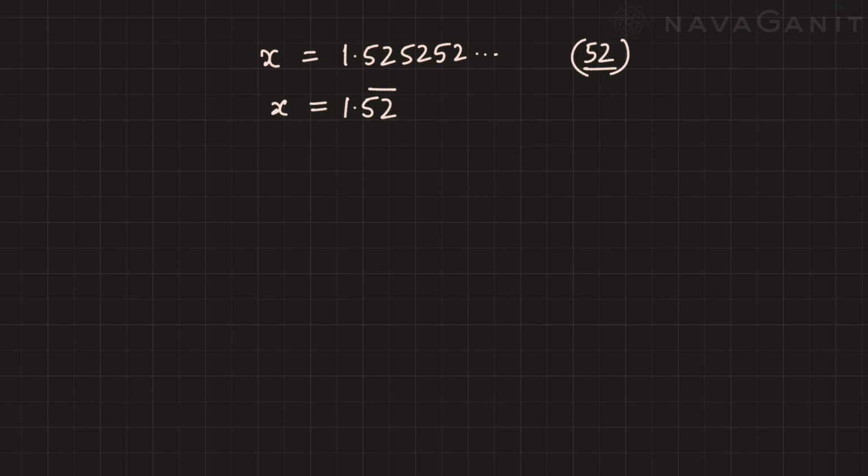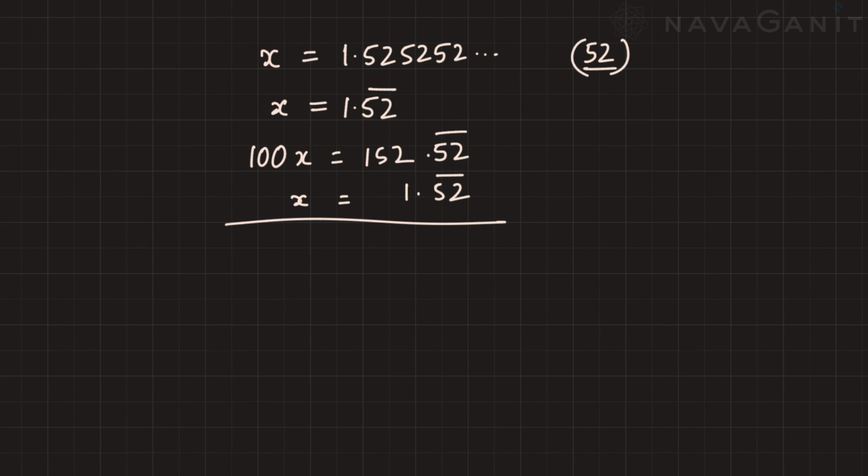Now I need to multiply this x with some power of 10 so that the repeating block is moved to the left side of the decimal point. So if I multiply it with 100, I'll get it as 152.52 bar, and x is 1.52 bar.